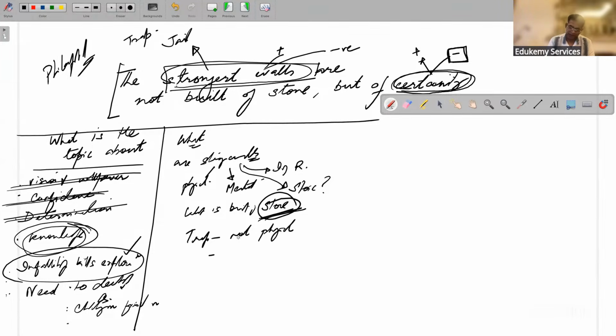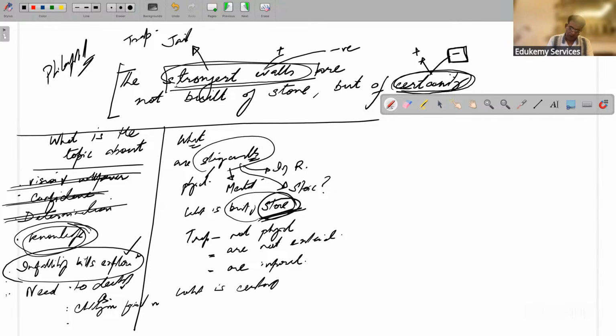The traps are not external. यहाँ पर stone जो है वो physical है. The traps that we have, they are not imposed. They are inflicted. वो हम अपने आप को कर देते हैं trap. So what are strong walls? What is stone? What is certainty?